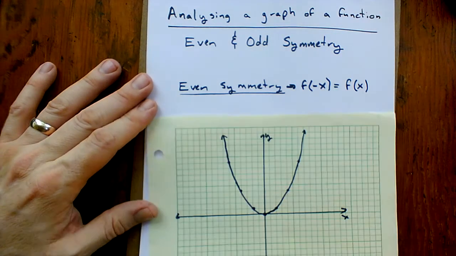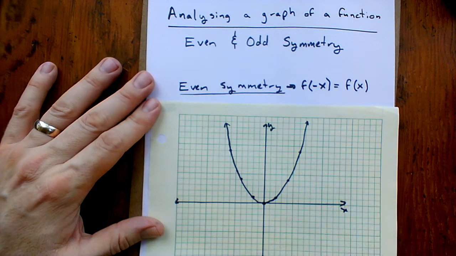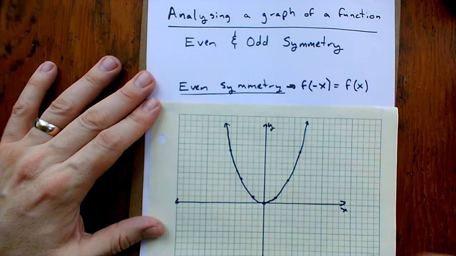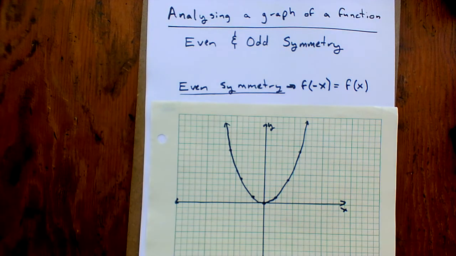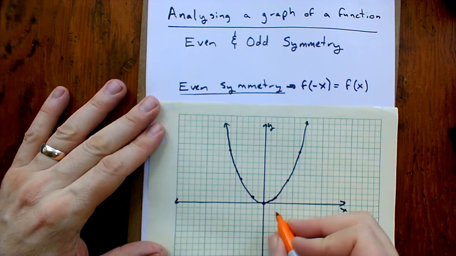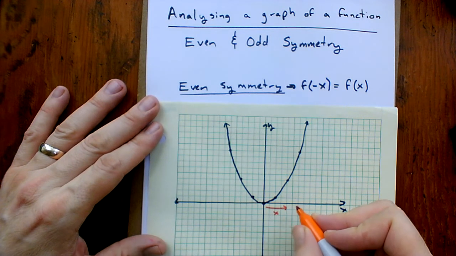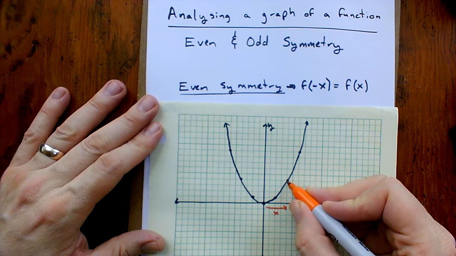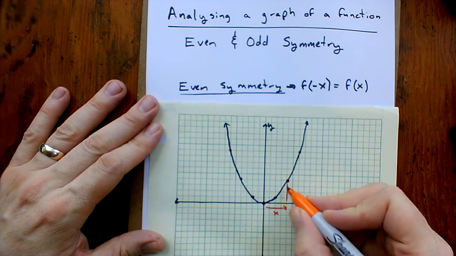So, if we were to take a look at a graph, if I take any point here, any positive value for my x, let me use a different color here. If I were to take any positive value for my x, my apologies, I've got some traffic noise outside, I would have some value for my f of x.